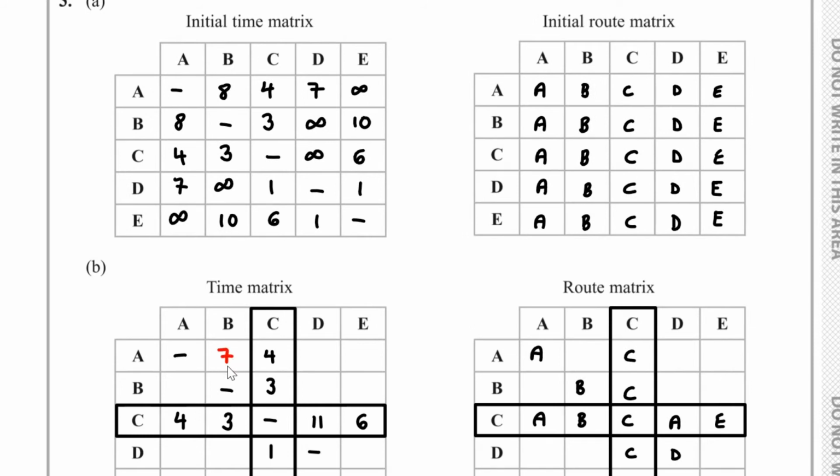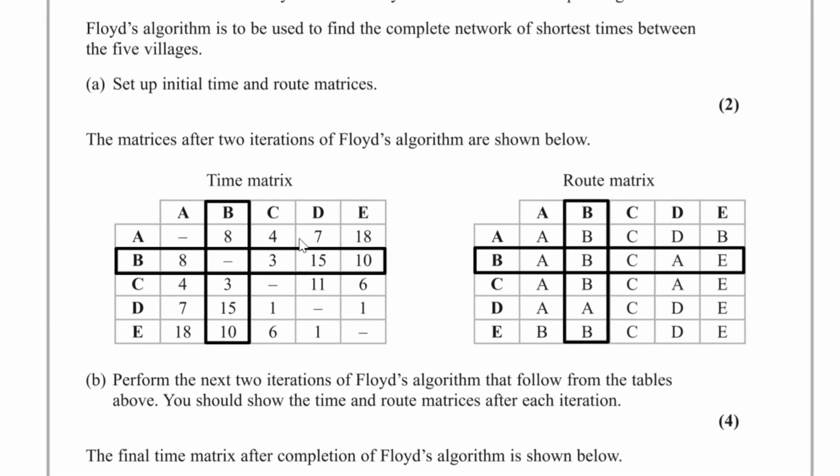And because we've changed this element here, we'll write down the entry C, because we're working with the column and row C. If we consider this element, we compare the sum of 4 plus 11, which is 15, with the 7 here.